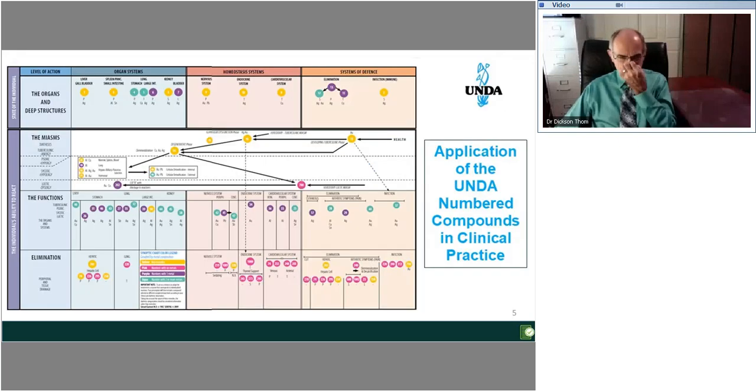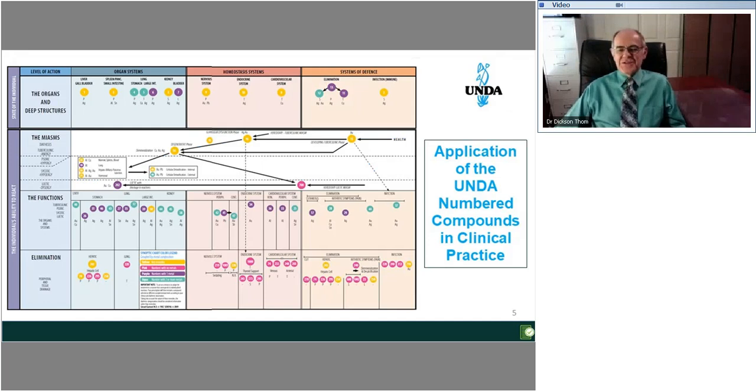There is a chart that is available from an electronic aspect through the electronic UNDA brochure. It's probably tiny on your computer screen, but here is a list of all the 76 UNDA numbers that we mentioned in Part 1, and they're divided into different organ systems.